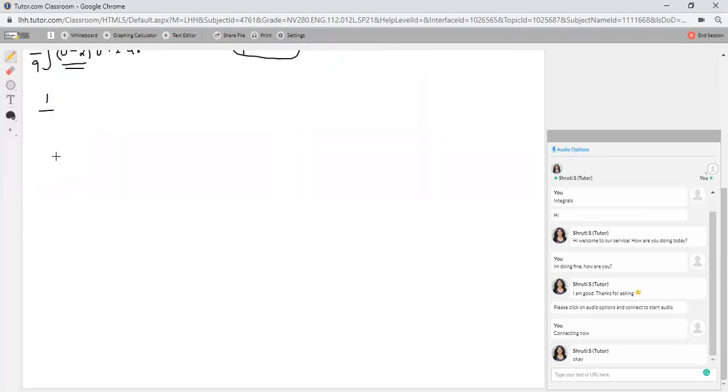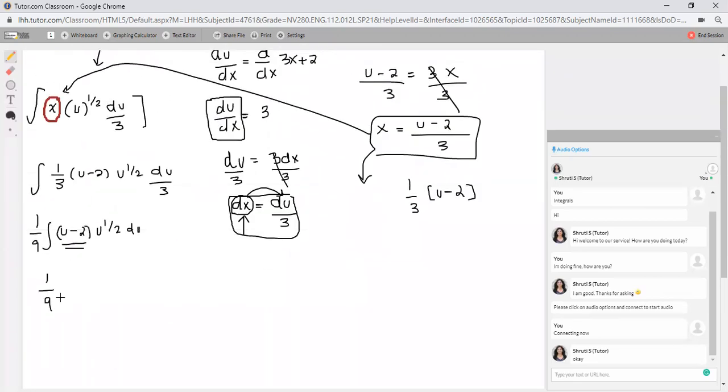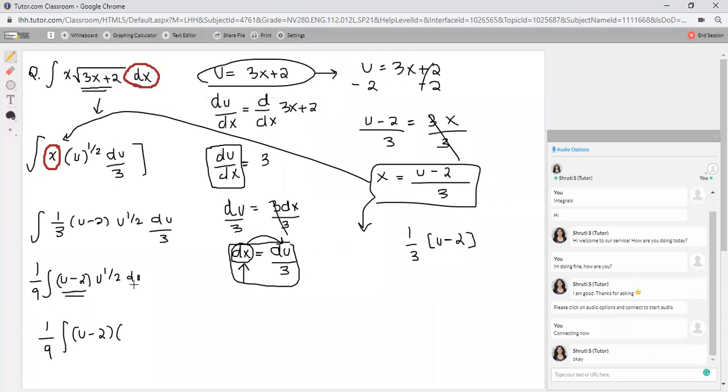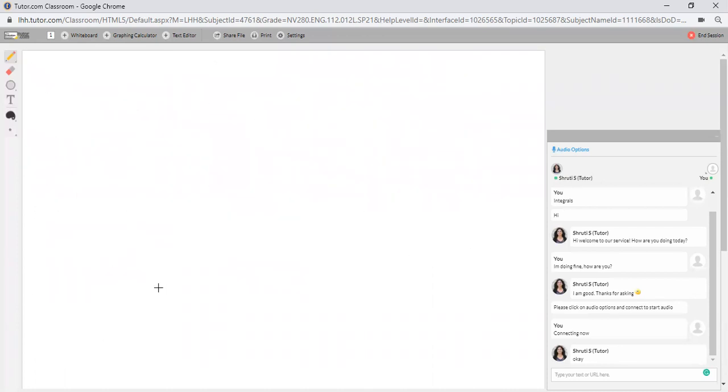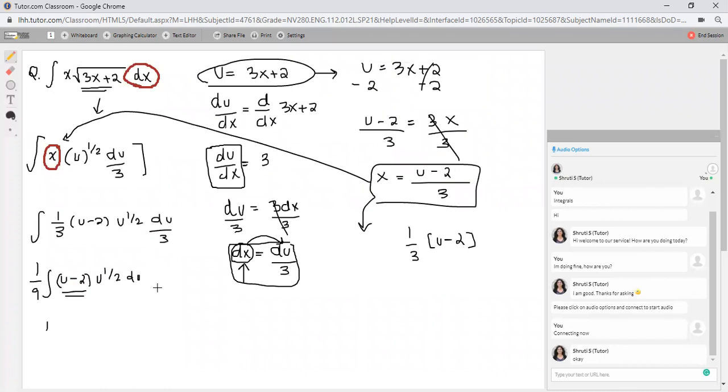You can simplify it first. So any idea how to multiply these? That 1 over 9 is fine.